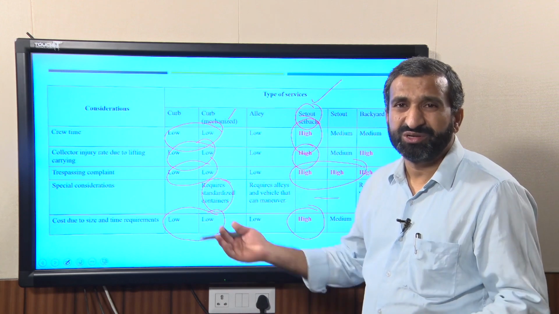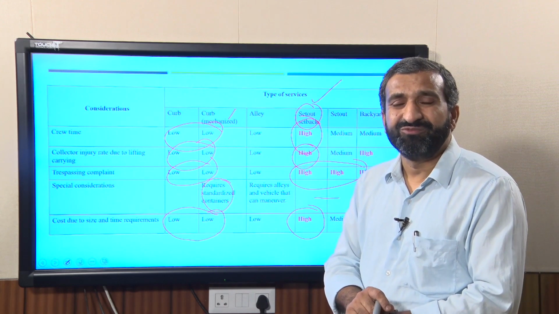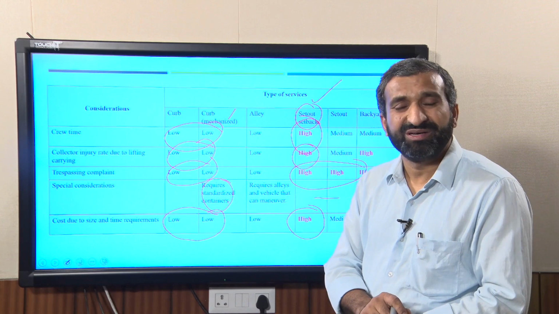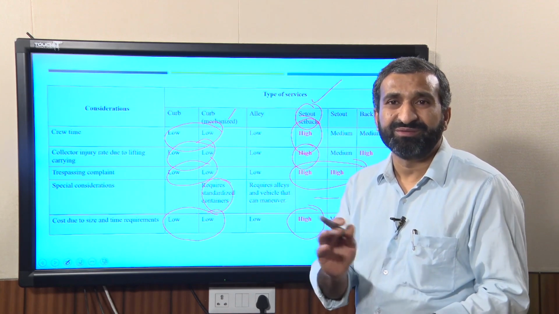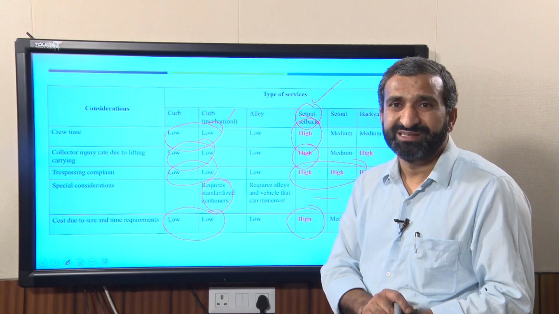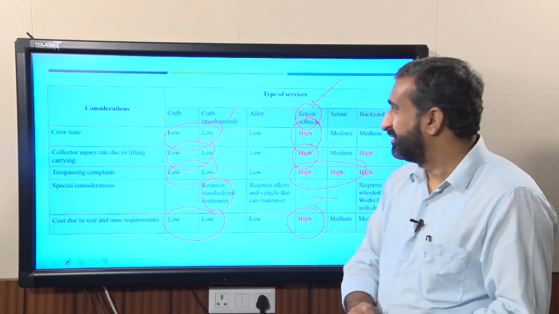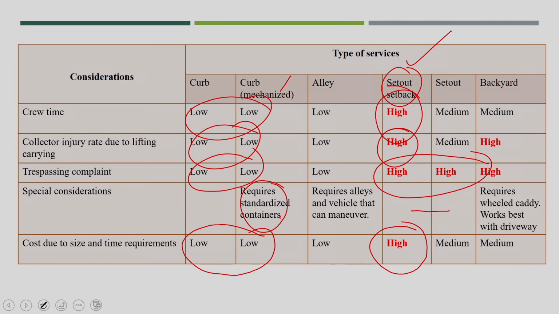But you saw a lot of photographs of what kind of scavenging or littering issues come up with curb services. To avoid that, we started the set out setback service, but it's a very costly process.